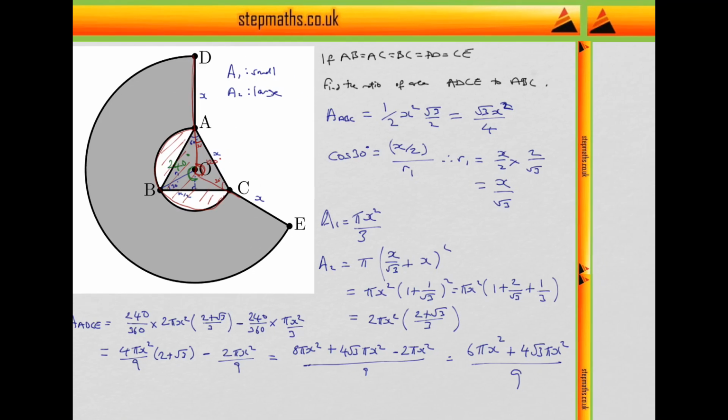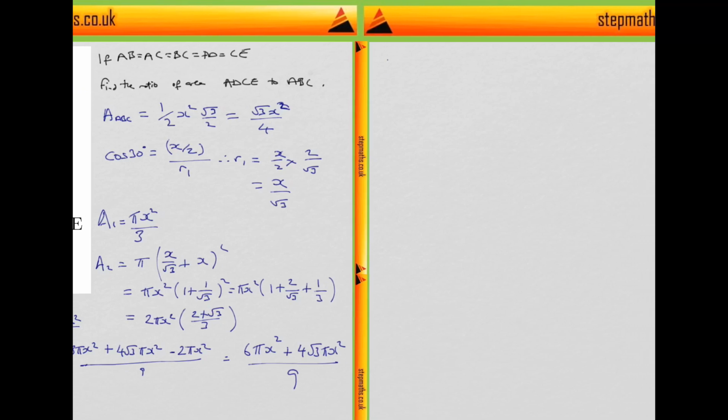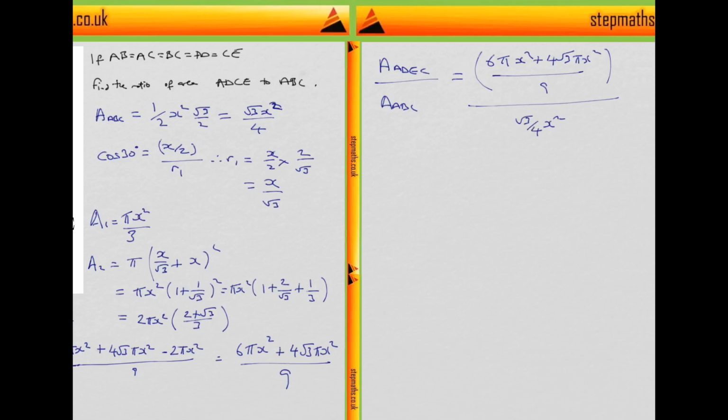Okay, so we're asked to find the ratio of the areas. So that's simply going to be area of ADEC over the area of ABC. Well, that's (6 pi x squared plus 4 root 3 pi x squared) over 9 divided by the area of ABC, and that was equal to root 3 over 4 x squared.